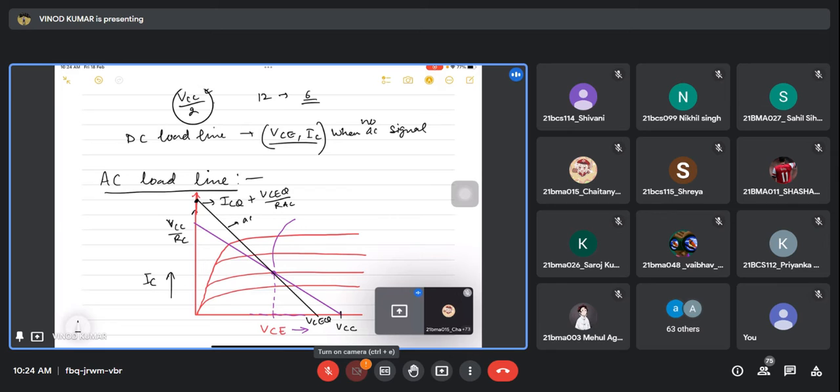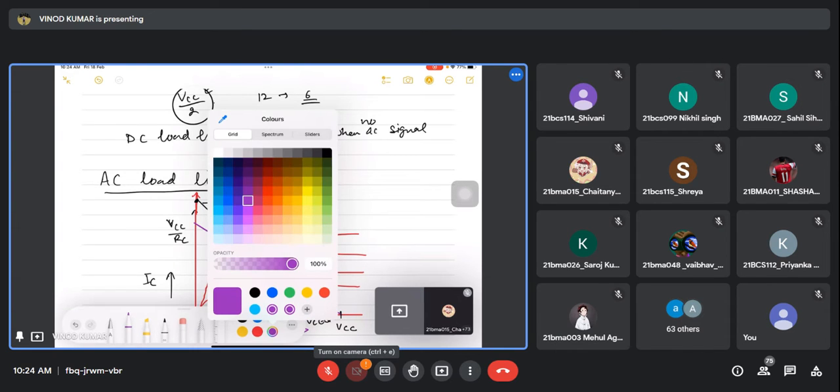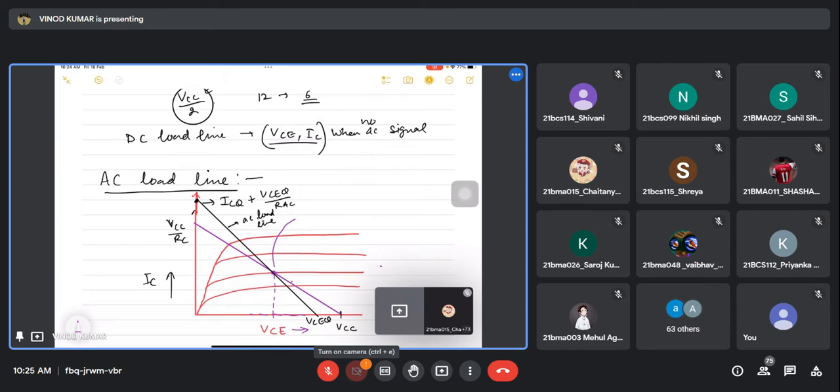So this is the AC load line, and this one is the DC load line. DC load line means no AC signal. AC load line means we are operating around this region. This is what we try to do. Linear region basically.